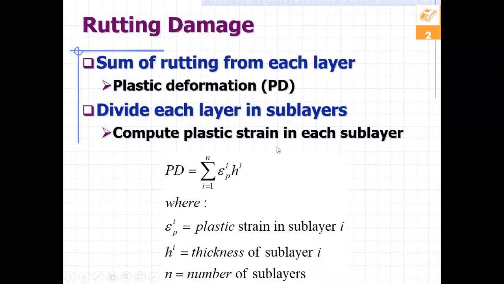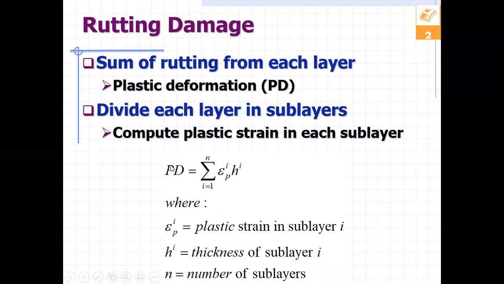Now, the plastic deformation, which in popular words is called rutting or rut depth, is computed based on this equation. You multiply the plastic strain by the thickness of the layer that produced that plastic strain.